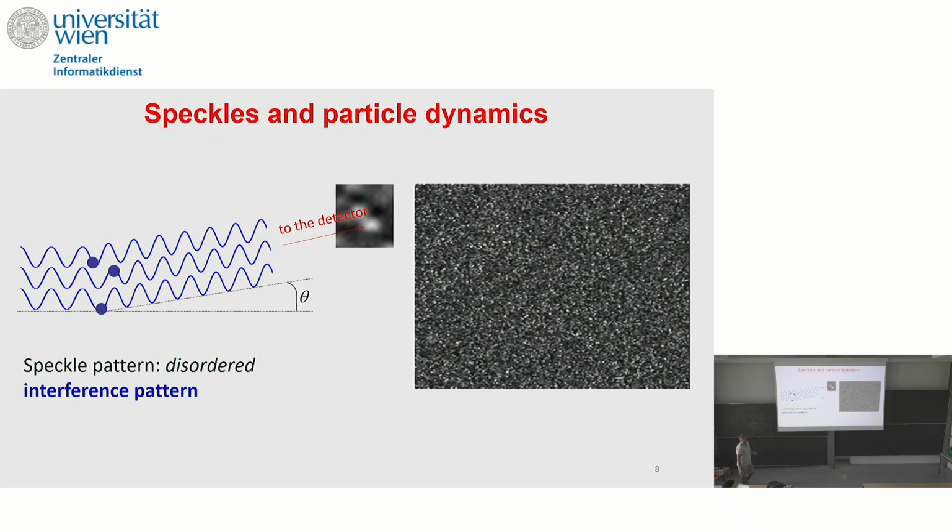Each particle scatters part of this light in all directions, but here I am focusing only on this particular direction, at a scattering angle theta, that goes to a particular spot on my detector. And as I mentioned before, this is a real speckle image that you can observe if you put a CMOS camera there, and you have all these bright and dark spots. Okay, so far so good.